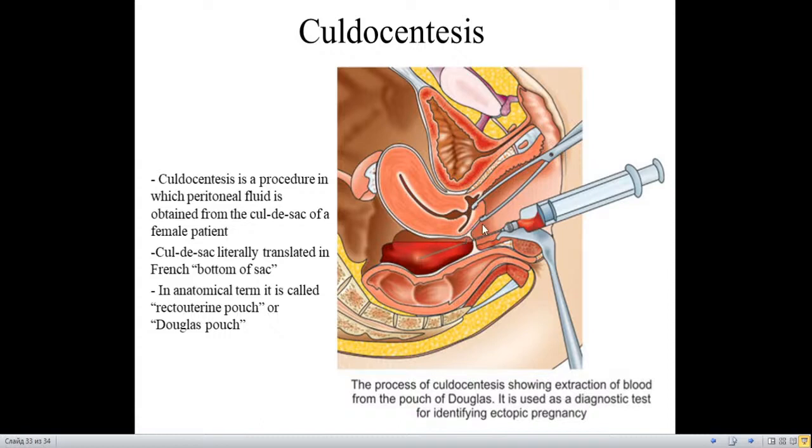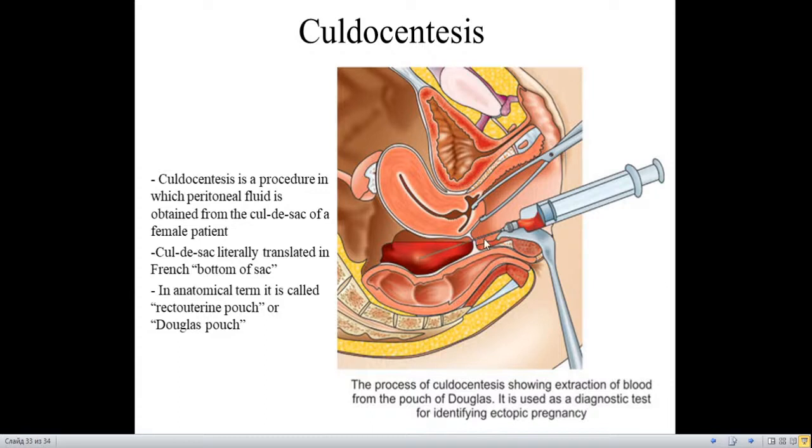The vaginal portion of the uterus is embraced by the walls of the vagina, and there is a space between the wall of the vagina and the wall of the cervix, and this space is known as the fornix of the vagina. And due to topography we can distinguish its posterior part, anterior part of the fornix, and two lateral parts, or simply posterior fornix, anterior fornix, and two lateral fornices.